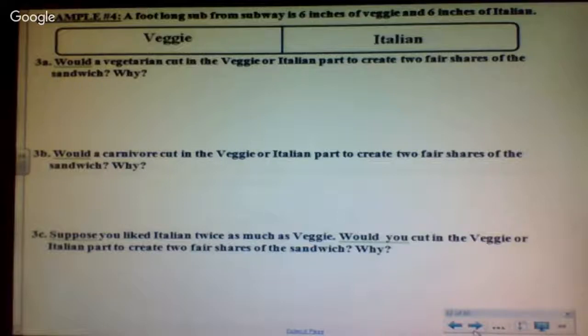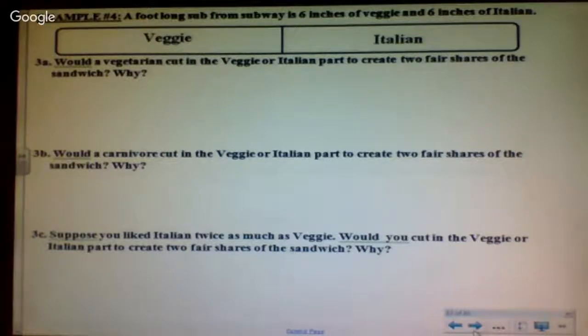Okay. So this time I've got a sub. They yelled at me for saying hoagie. Sorry, I'm from Pennsylvania. They're hoagies. You can say hoagie if you want. Apparently it's a sub down here. I also say pop.